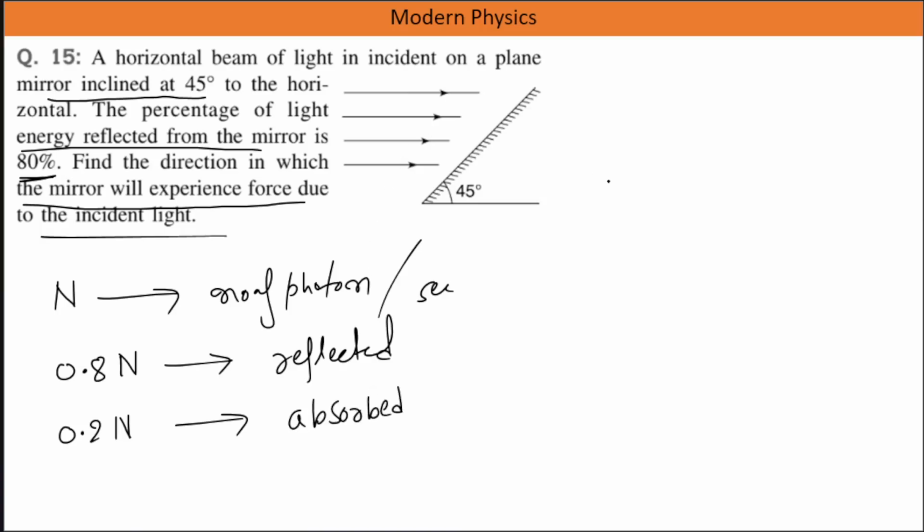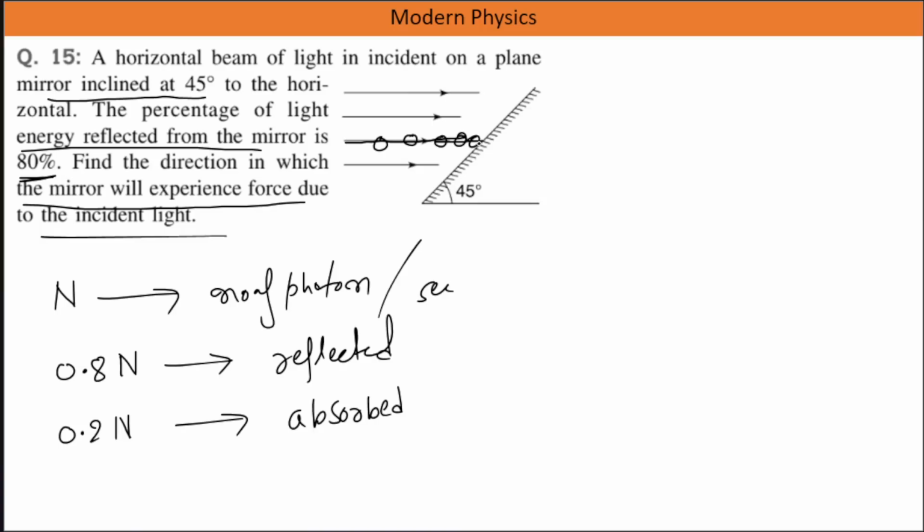So now let's talk about this force due to reflection and absorption. So सबसे पहले absorption की बात कर लेते हैं. If light is coming like this, it will get absorbed along this direction itself. ठीक है? So whatever photons were falling along this direction are getting absorbed.